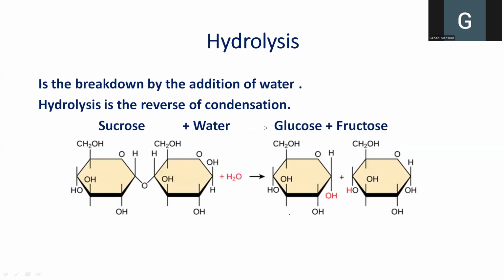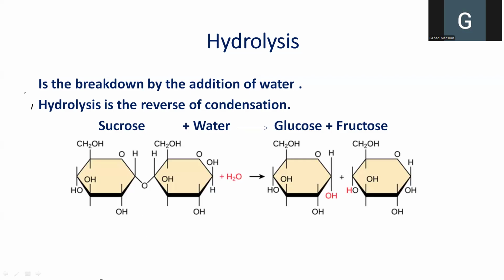If the union, or the chemical reaction, between two monosaccharides to give a disaccharide is enhanced by the removal of water, or by condensation or dehydration synthesis, then on the other hand, if you want to return the disaccharide to its original state and break it down into two monosaccharides, you have to add this water again. And therefore, the process of hydrolysis is the opposite of dehydration synthesis or condensation.